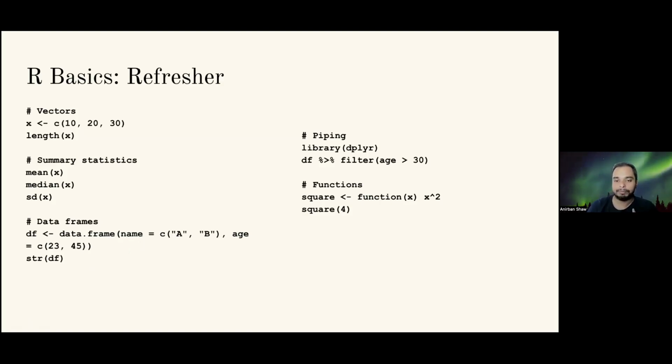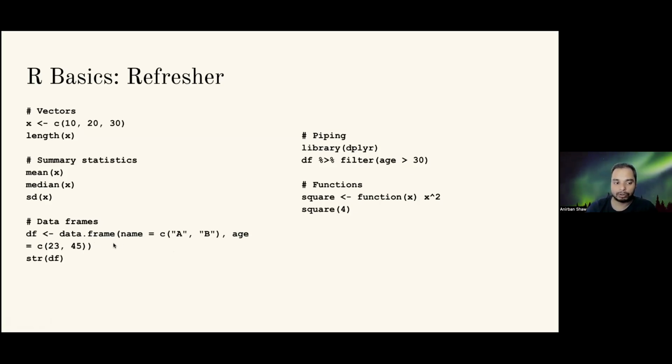Then I'll stop there for data frames. That's an entire topic, I know. And if you have specific questions that you are struggling with on data frames, I'll take it up. But for now, let's move on to the next bit, piping.